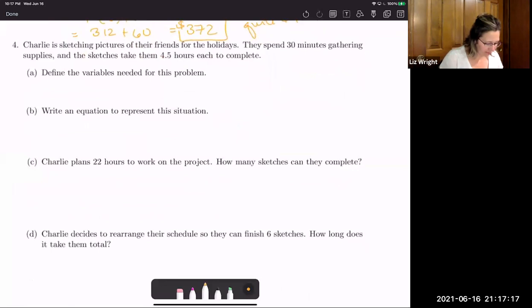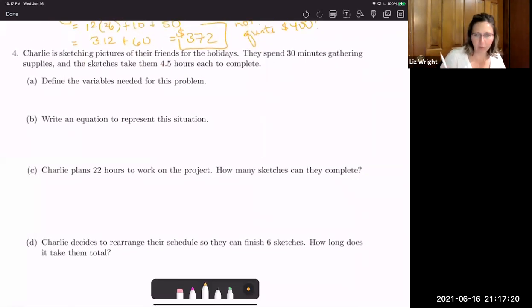All right, let's check out our fourth and final example. Charlie is sketching pictures of their friends for the holidays. They spend 30 minutes gathering supplies, and the sketches take them 4.5 hours each to complete. Define our variables.